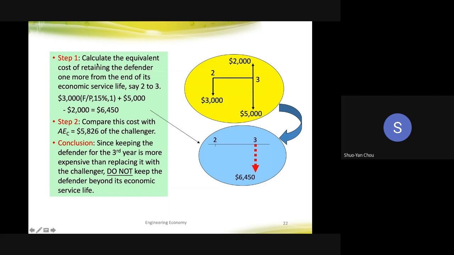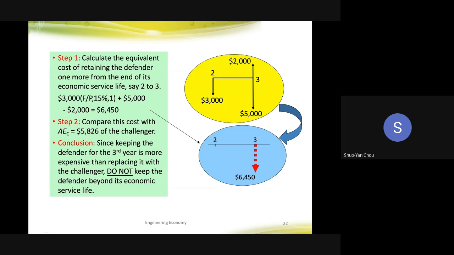Here it is again in steps. First we ask, what if we keep it versus we change to the new one, the Challenger? If we keep it, we can use opportunity cost or income from the Defender.